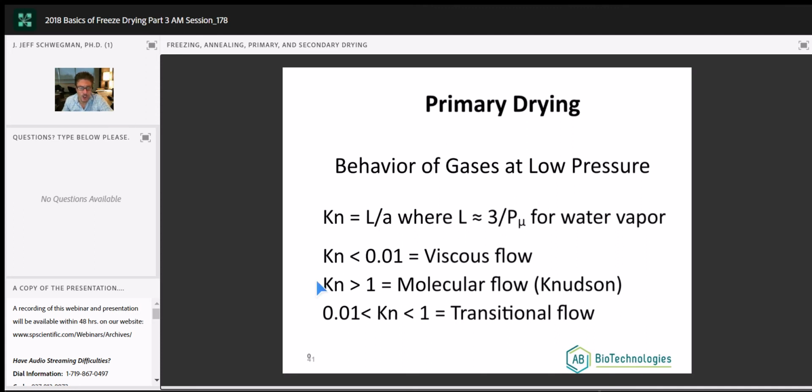If the Knudsen number is very low, typically in a higher pressure system, we get viscous flow. The molecules are so tightly packed together, we actually have to talk about the viscosity of the gas in the equation. Molecular flow, we're at a high vacuum environment. The molecules are very far apart, a long distance before the molecules will bump into each other, and the transitional flow is between those two.